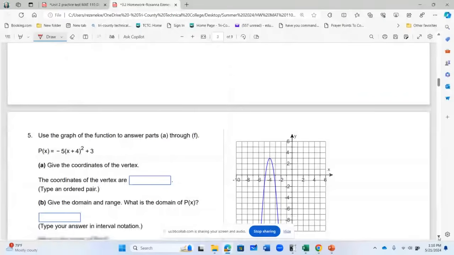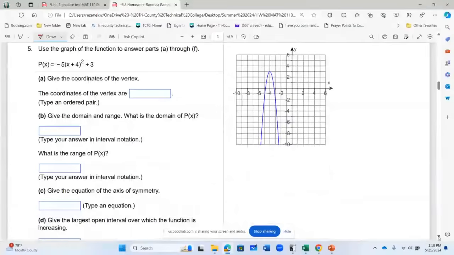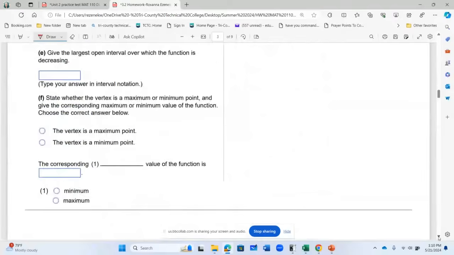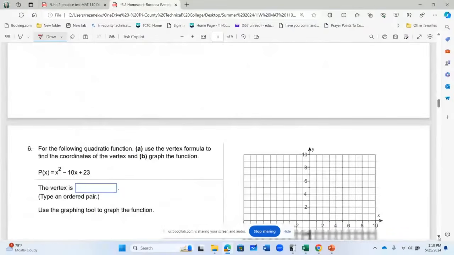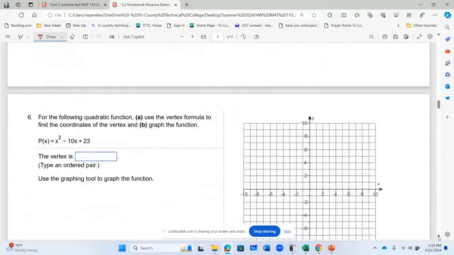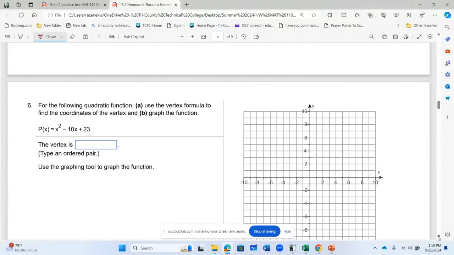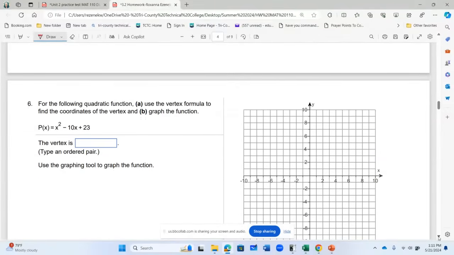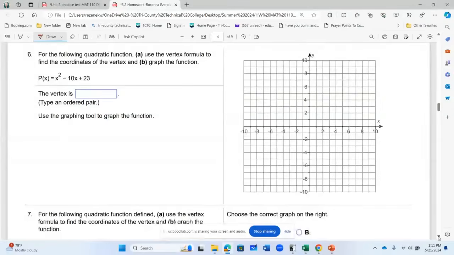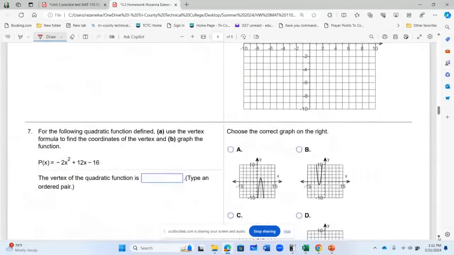Let's go and complete some squares. So you can do number 5. We can do a whole lot of this. Use the vertex formula to find the coordinates of the vertex. Yeah, but I know you can do this now. Graph the function. You can do this. Use the vertex formula, you graph the function.